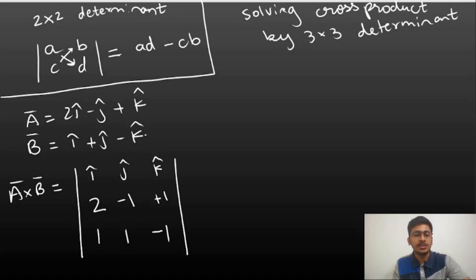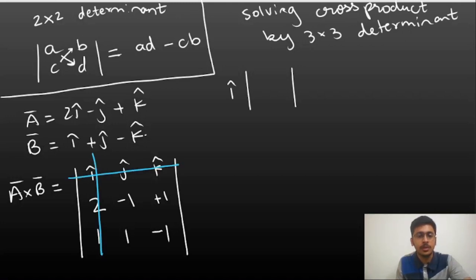To solve this, you write i cap, then the determinant obtained by blocking i cap's row and i cap's column. If I block this row and this column, I get minus 1, 1, 1, minus 1.